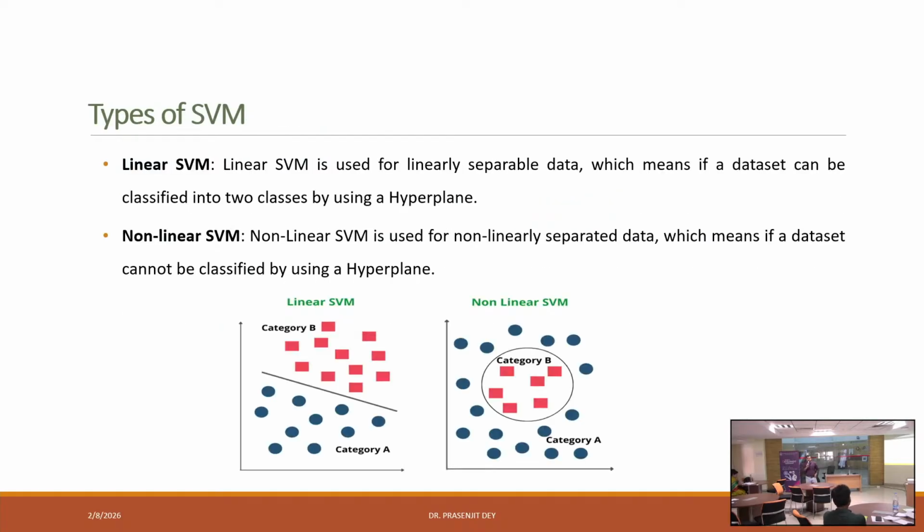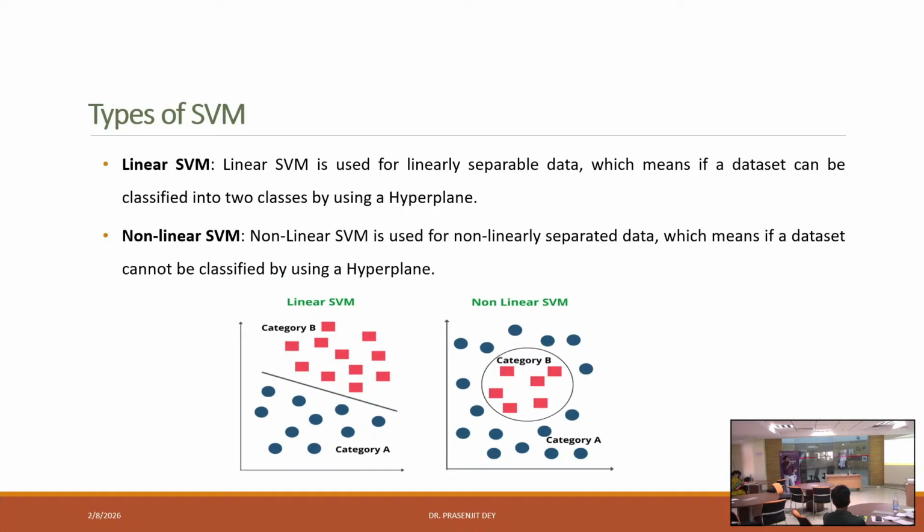Now as we can see, there are two types of SVM possible. The first one is linear. Linear SVM is used to linearly separate the data. In the first example, linear means you can draw a line to separate them. So linear SVM is used for linearly separable data, which means the data set can be classified into two classes using a hyperplane.